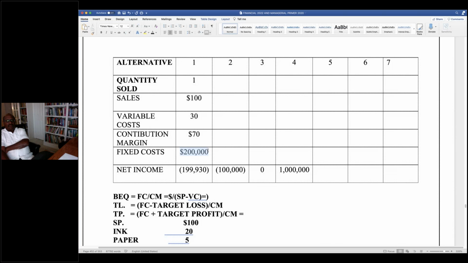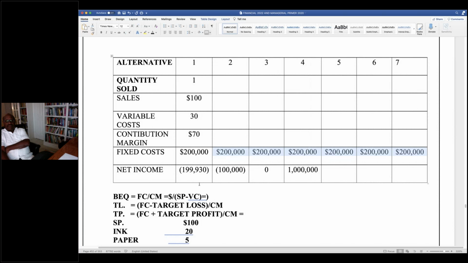What number is going to be 0? I'm getting decimals. That could happen this round. The fixed costs we're working with now are staying the same, 200,000. So you have to be within $100 at least.